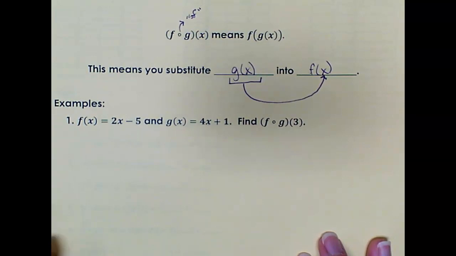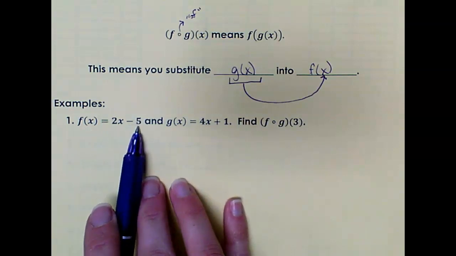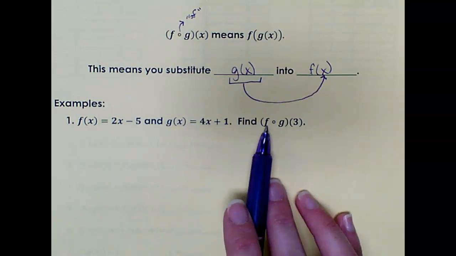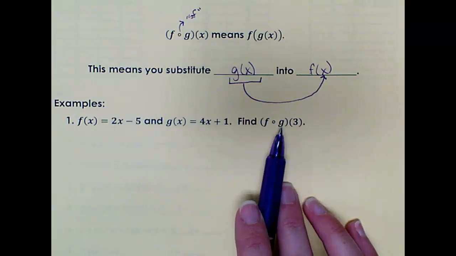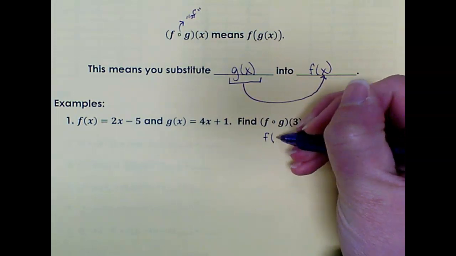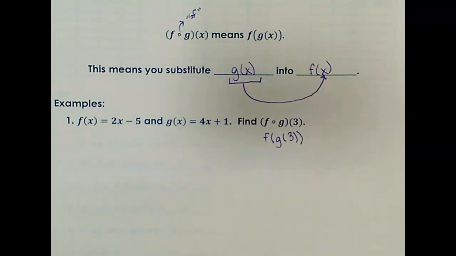The example says f of x equals 2x minus 5, and g of x equals 4x plus 1. I need to find f of g of 3. It will be easiest if I rewrite f of g of 3 like this. We're going to work from the inside out.